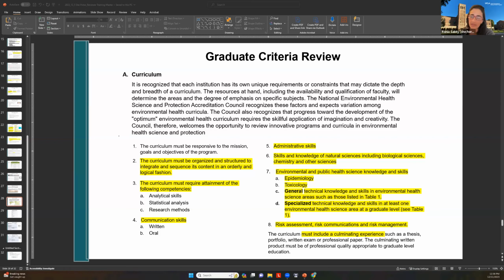But maybe not to the same degree. It's not prescriptive, so it's kind of a judgment call, I suppose, to make sure that they have the basis, what you feel like is the foundation they need for adequately going into the field. Okay, thank you.